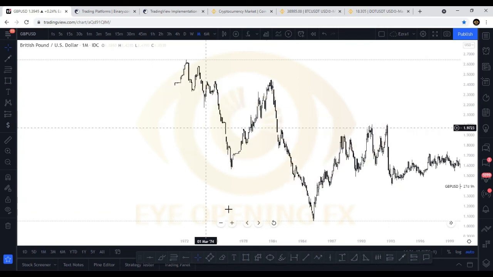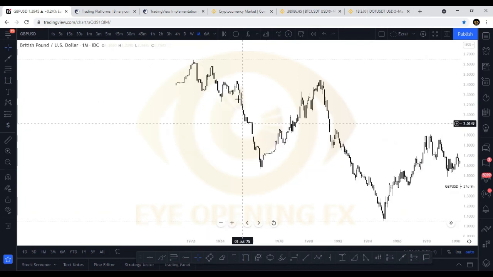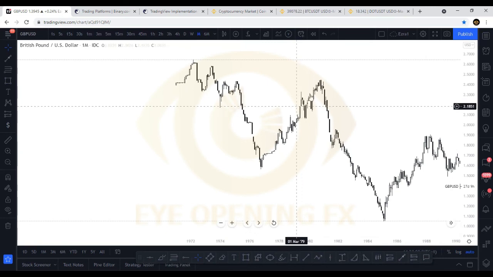Now let's look here. Look at these bearish candles on this monthly time frame. This one candle engulfs up to 6 or 8 bullish candles here. This is to show you that we are completely on a downtrend.